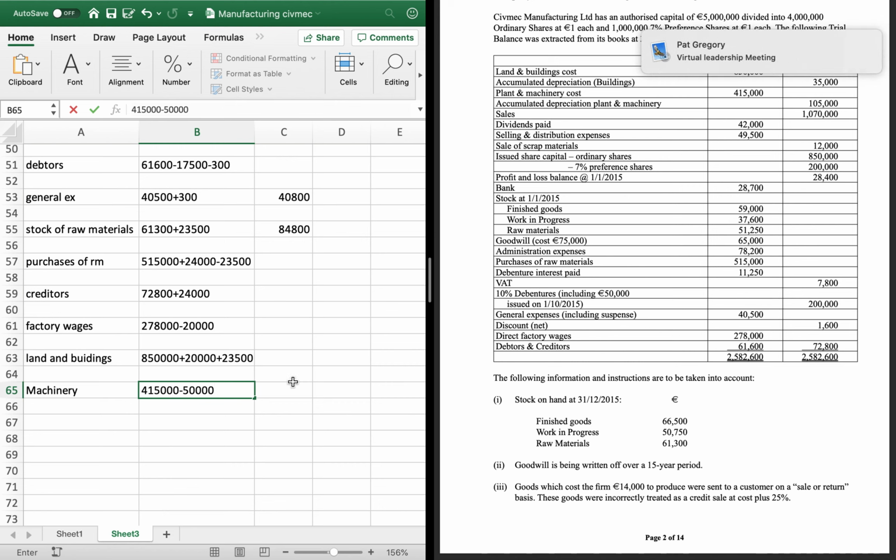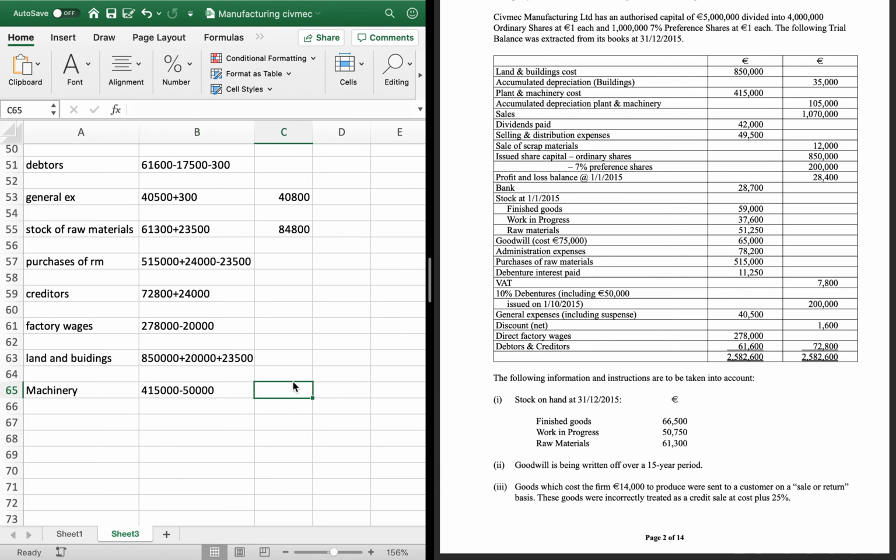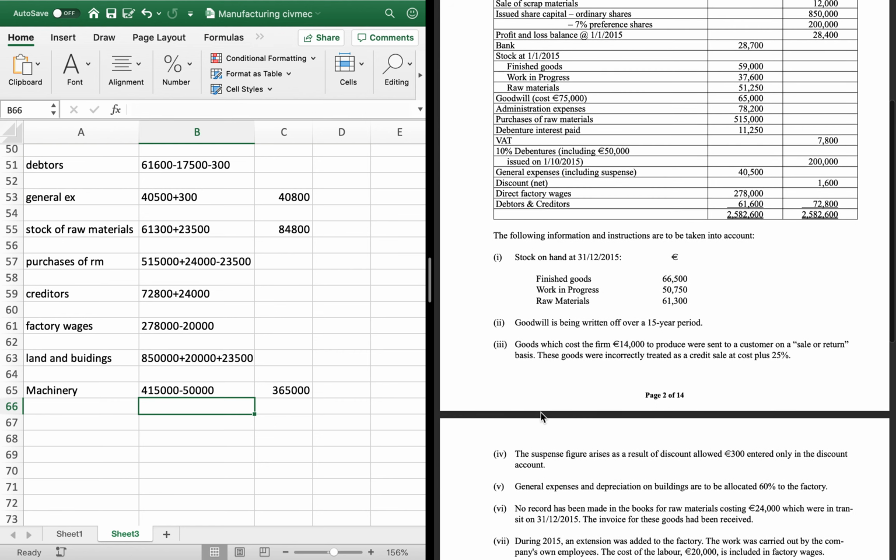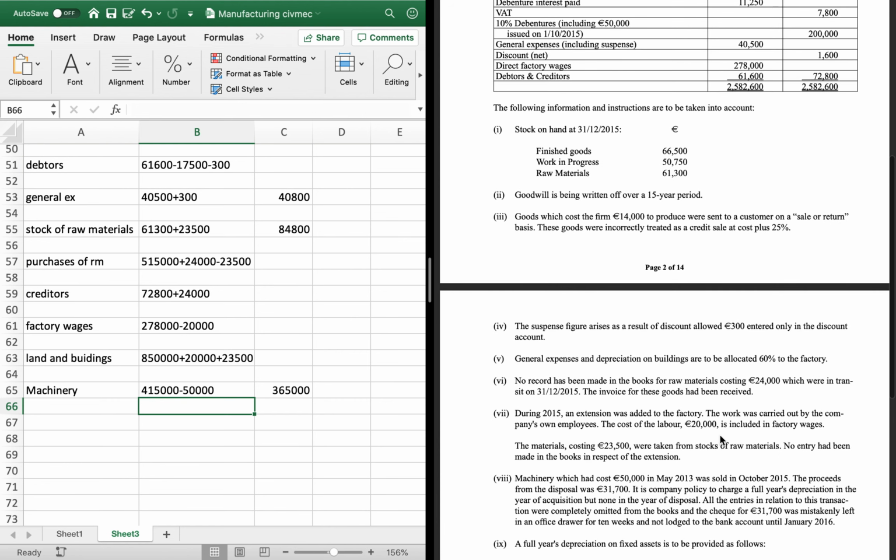Okay, so 415 taken away the 50,000 gives you your machinery cost, which is 365,000. What's it say after that? The proceeds of this were 31.7, so that will be in your bank account. It is company policy to charge a full year's depreciation in the year of acquisition, but none in the year of disposal.